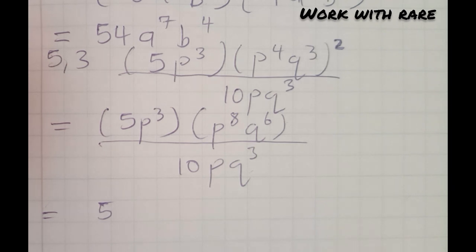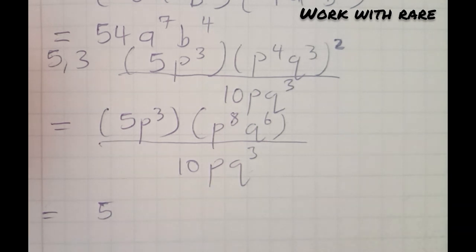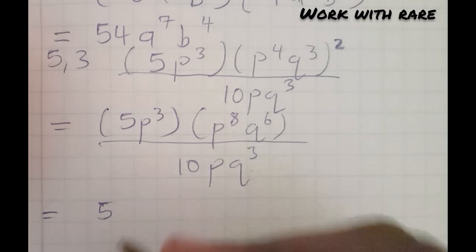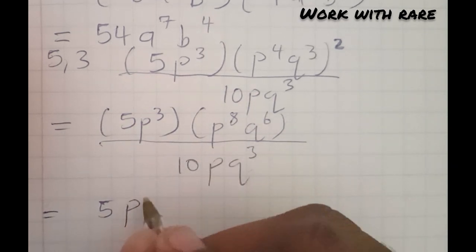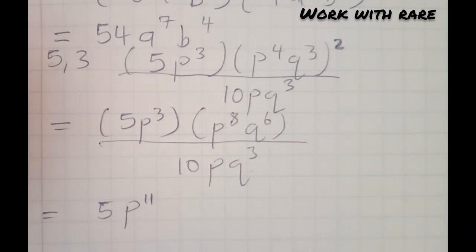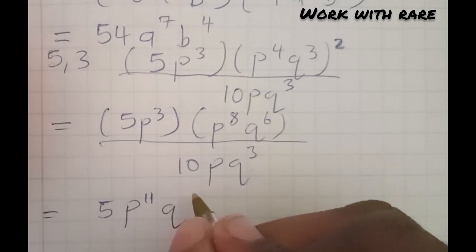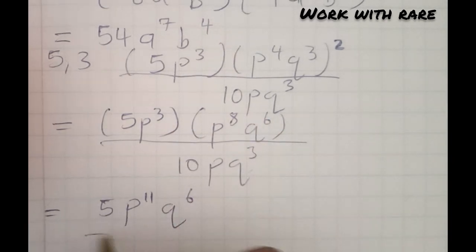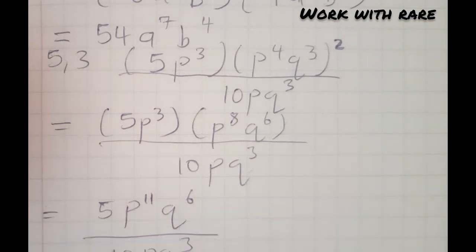Remember now I'm multiplying these two. Since I multiply the same base, I will add the exponents. So it will be 3 plus 8, which is 11. So here I have p to the exponent 11, and here I don't have q, so here we'll have q to the exponent 6, all over 10pq to the exponent 3.